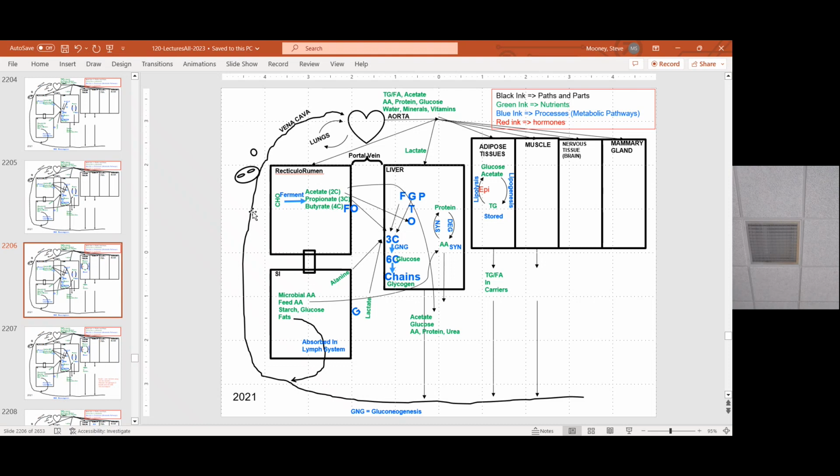So of the nutrients available in there, we're taking glucose and acetate, and we're going to use those to make triglycerides. So we take acetate, glucose, we go through lipogenesis, and we make the triglycerides that are then stored in that tissue.